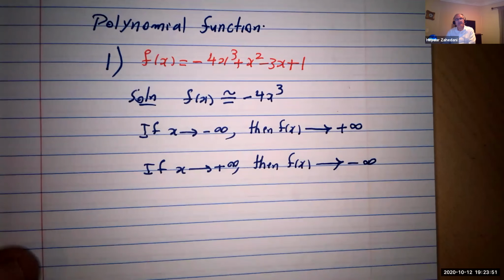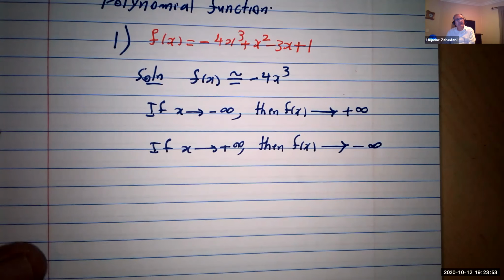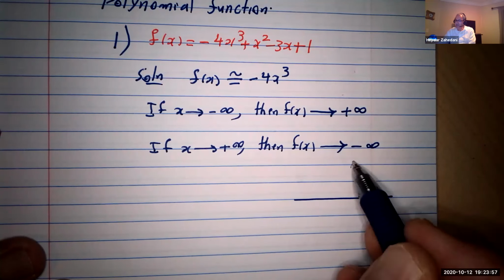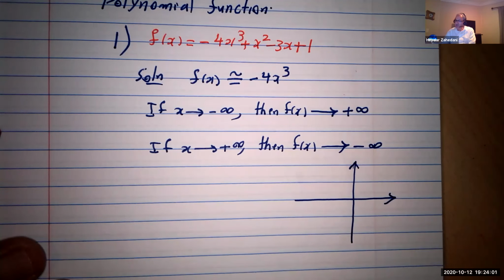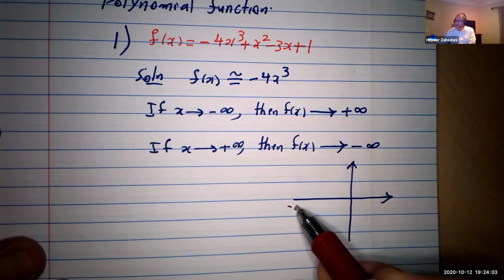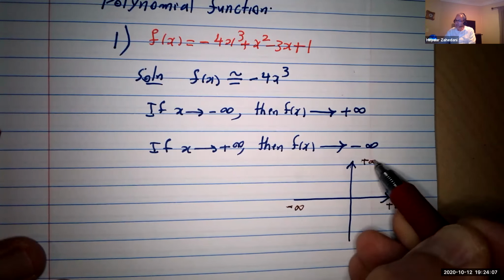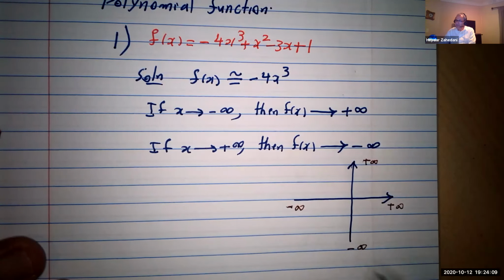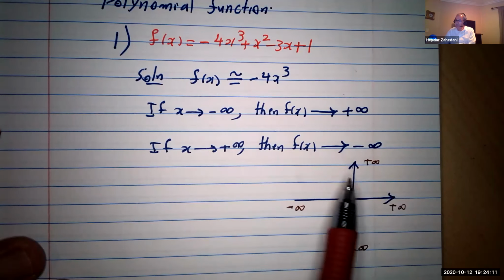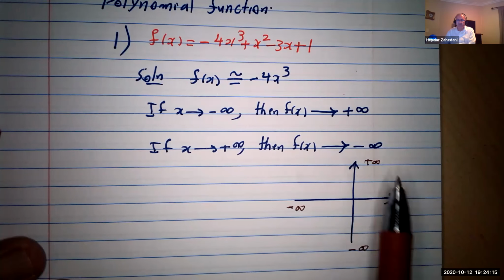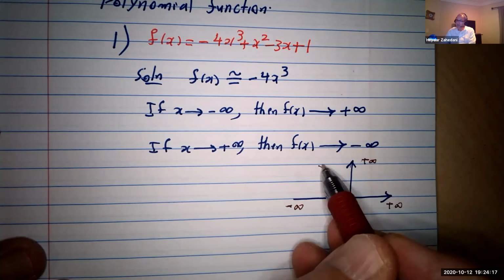So that gives us the nature of the graph at the endpoints. That would give us an idea. We can check that eventually this is what would happen to the graph of your function. When x goes to negative infinity, f of x is positive infinity, so in this case it's going to be up.